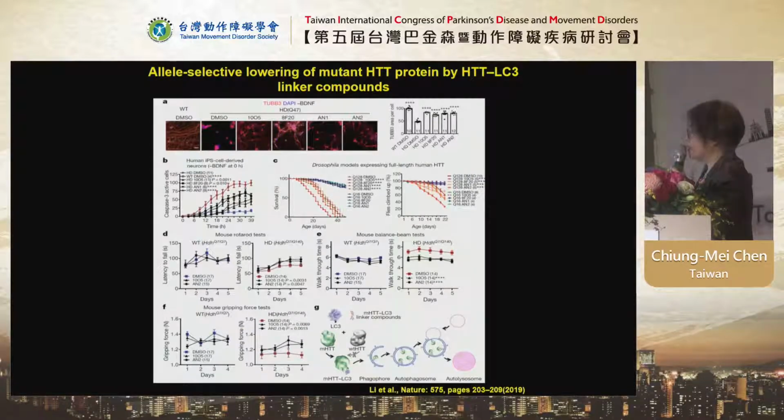Then this complex goes to the autophagosome for degradation. They also show that this ATTEC can improve phenotype in cells, in fly, and in mouse models of Huntington disease.